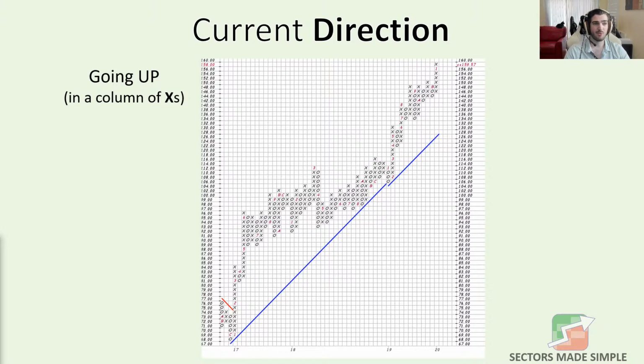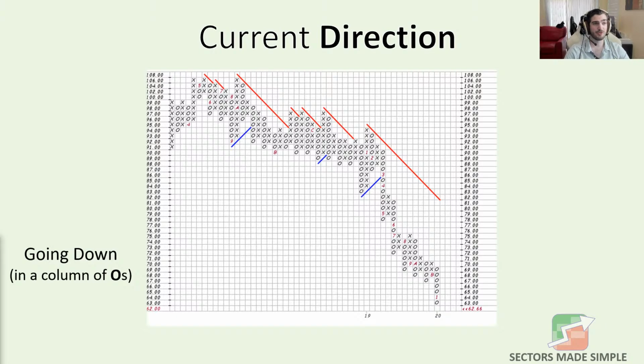We would say that we are going up or positive direction if we are in a column of X's. In point and figure, X's always are going up, O's are going down. So in this case, this chart would be going up, so it would be in a column of X's. The same thing is true on the opposite side, where a column going down would be a column of O's, or our current direction is negative.